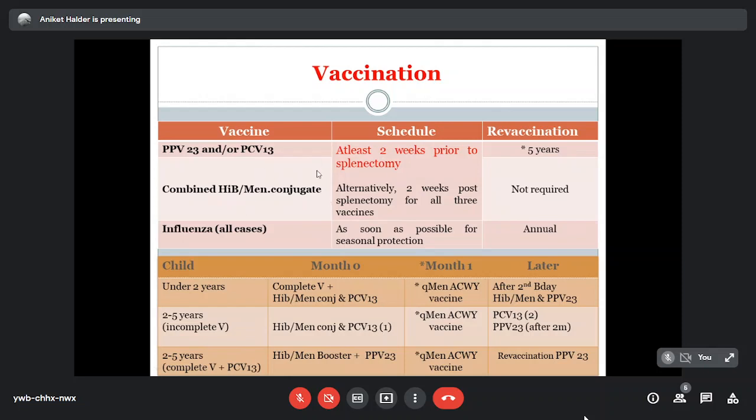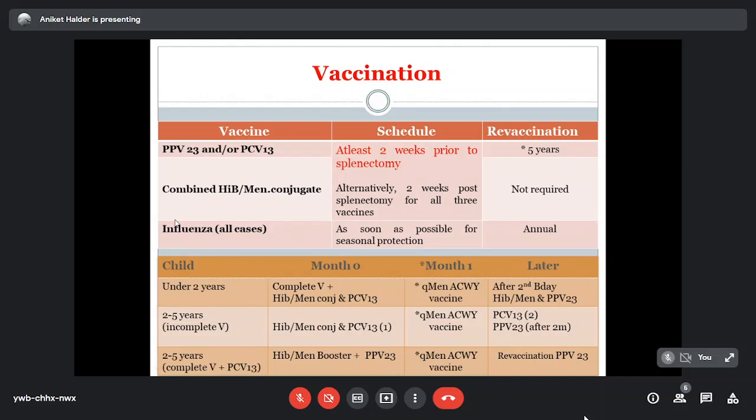And all these patients should also be given influenza vaccines, because infection with influenza is usually associated with secondary bacterial infections. So annual vaccination of influenza should be given to all individuals.